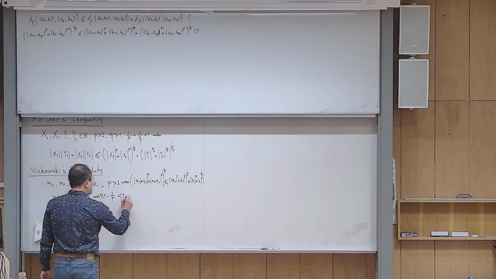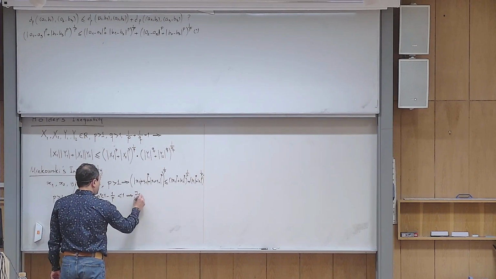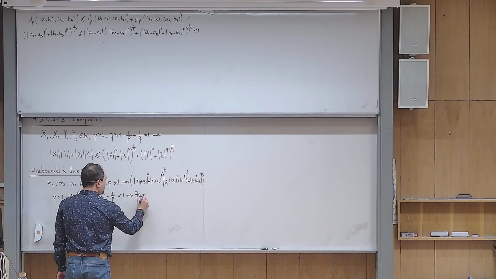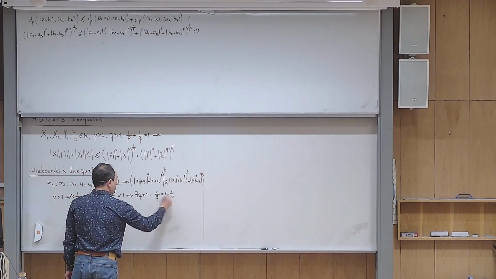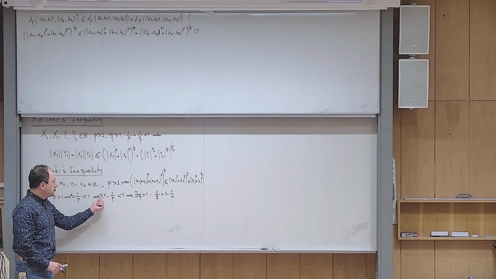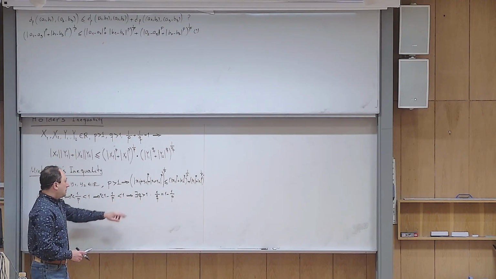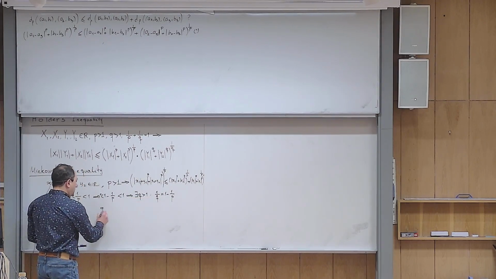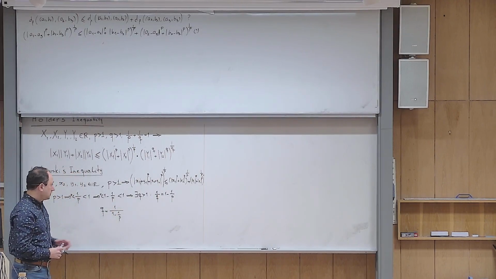So what does it mean? This means that there exists a q which is greater than 1 such that 1 over q is equal to 1 minus 1 over p. Is that understandable? Because 1 minus 1 over p is a number squeezed between 0 and 1. I define q to be 1 over this number, and definitely this number is greater than 1.